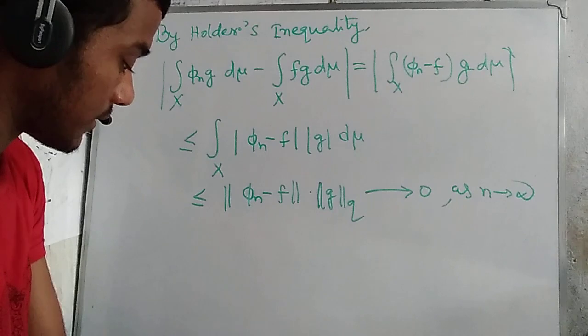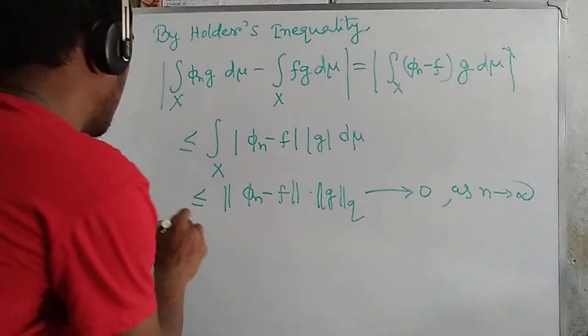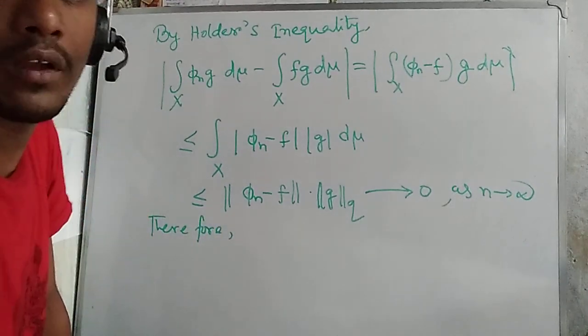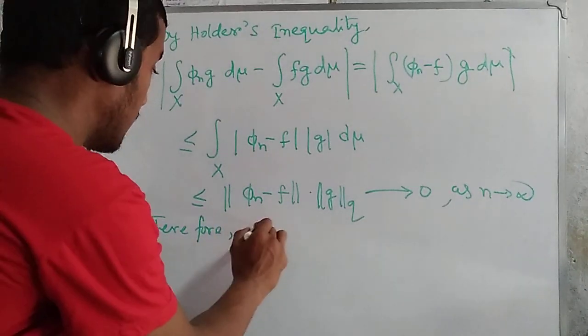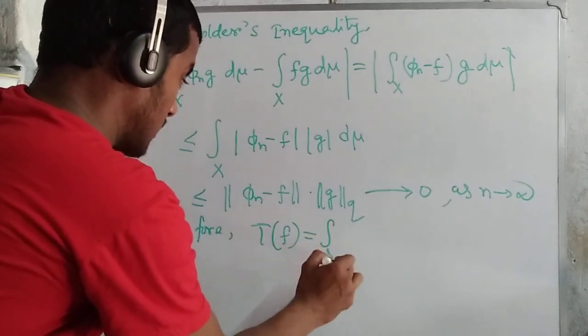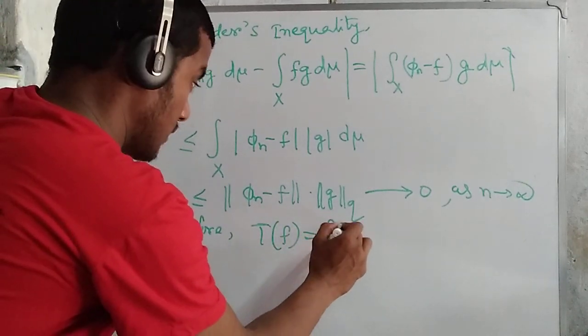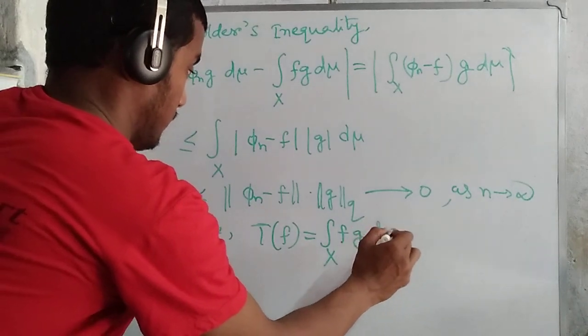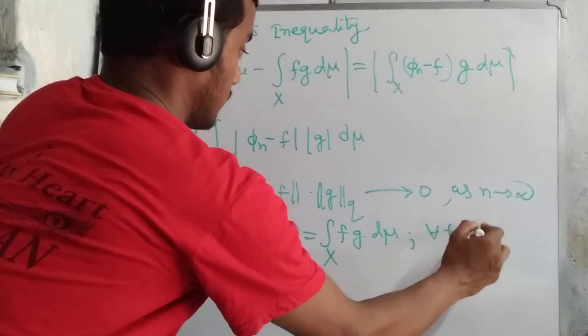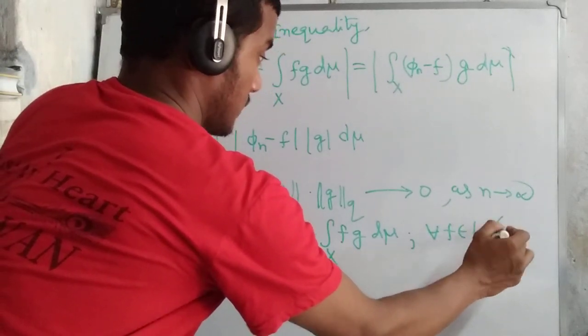Then we write it now. Therefore T(f) equal to the integration over X of f g d mu for all f belongs to L^p(X).